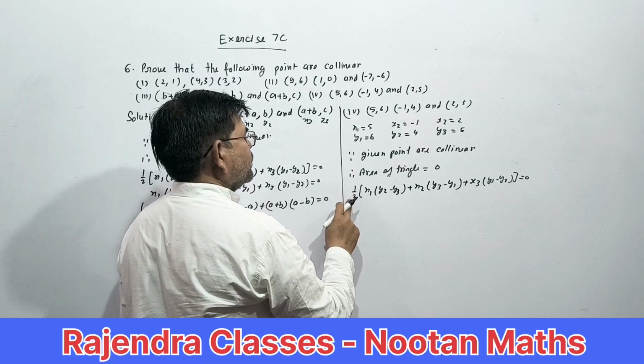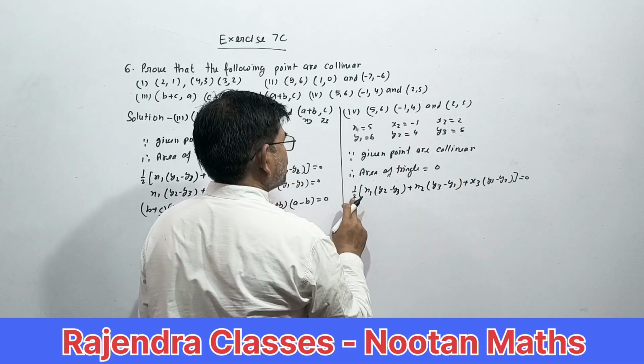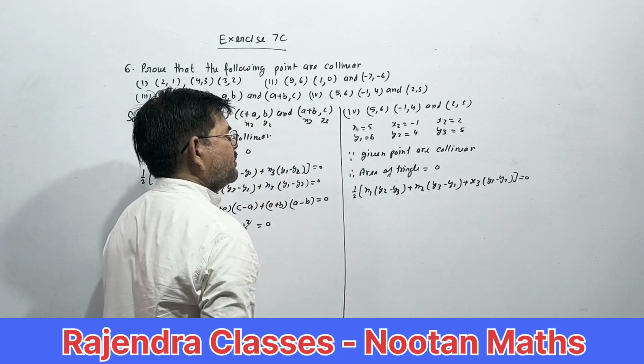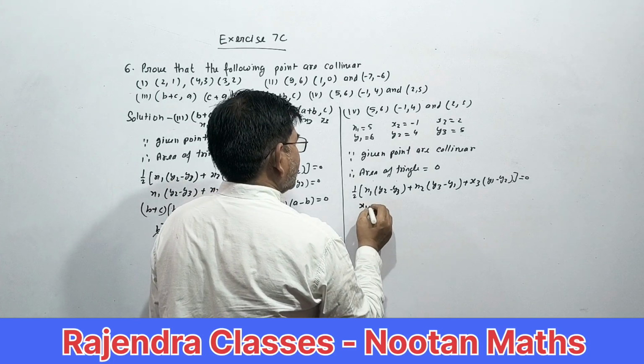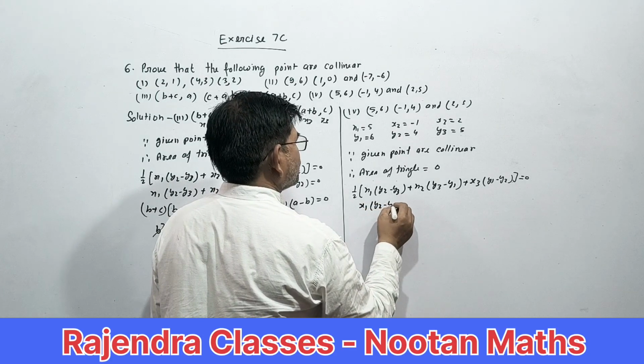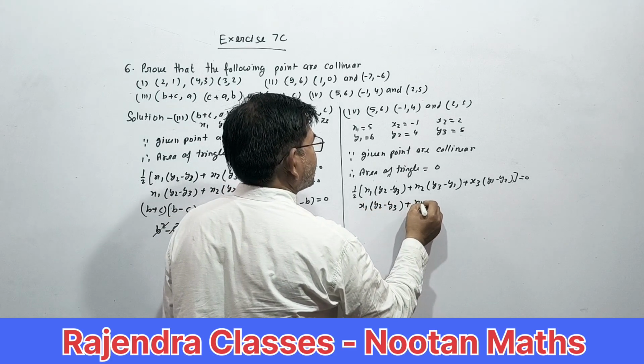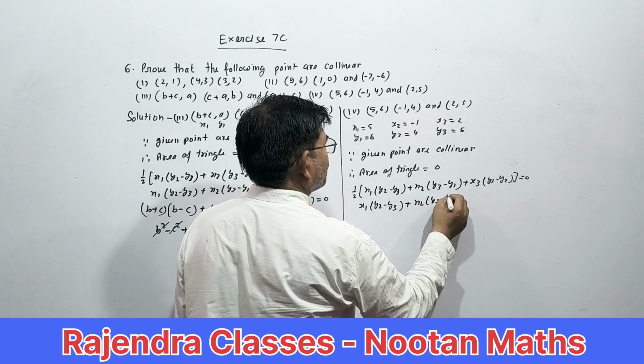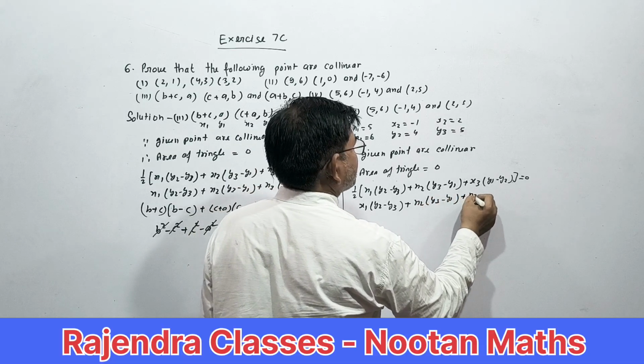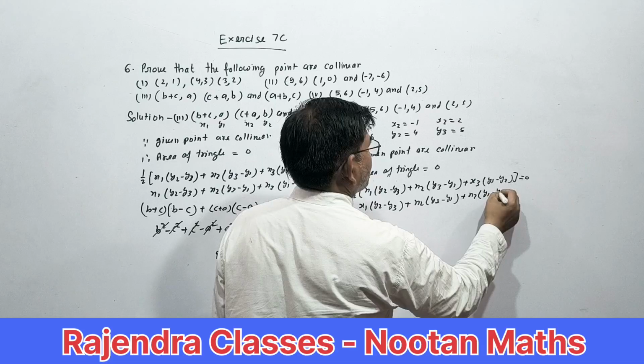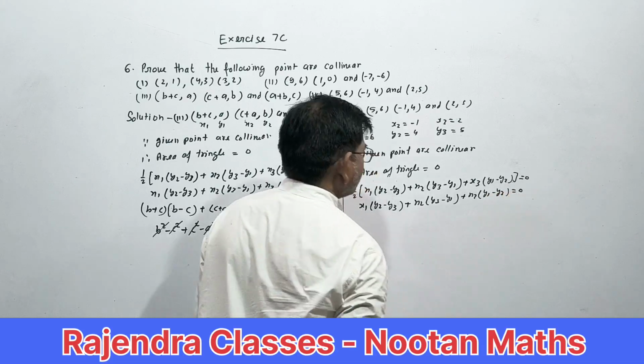Here 1/2 is a whole multiple, so we cross multiply, find 0.